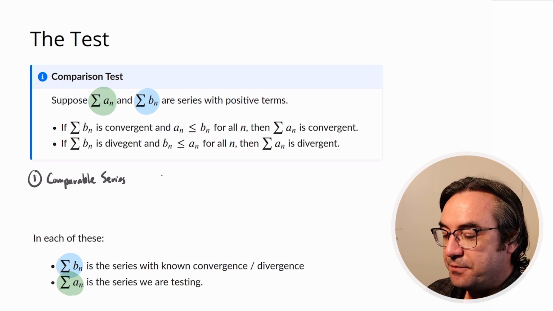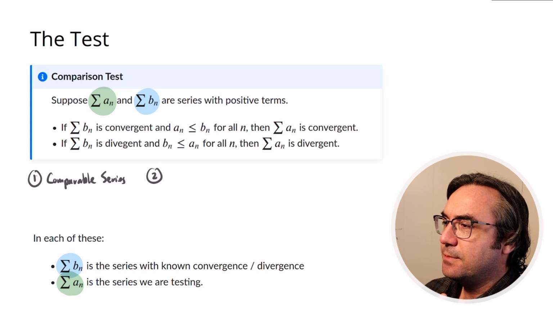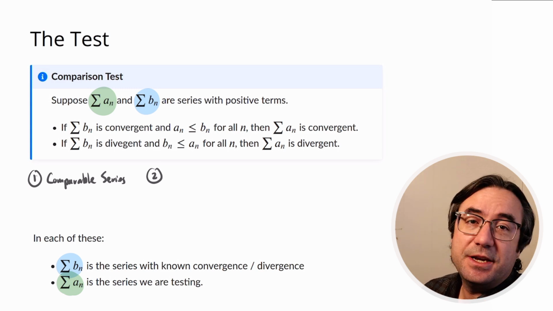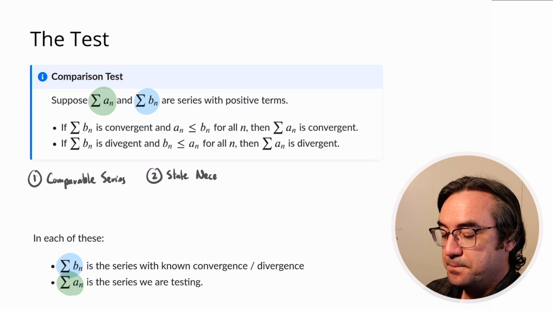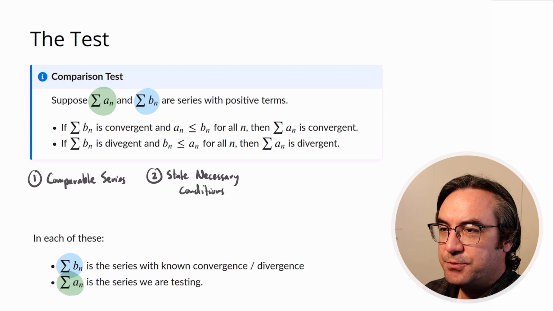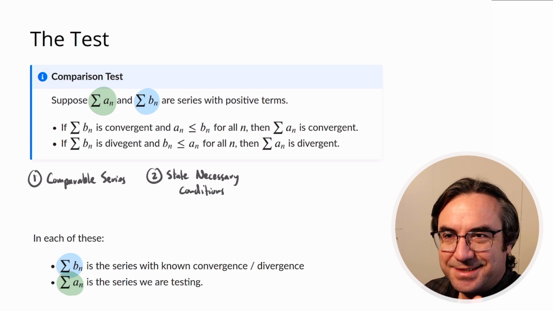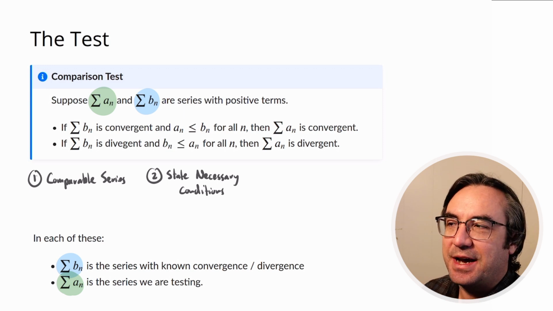All right, so once we've figured out the convergence of our comparable series, then the next step is to state the necessary conditions. Now, as we've seen, like with integral test, sometimes there's quite a few conditions that have to all be satisfied.